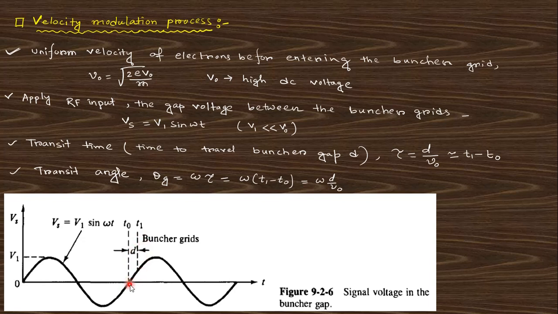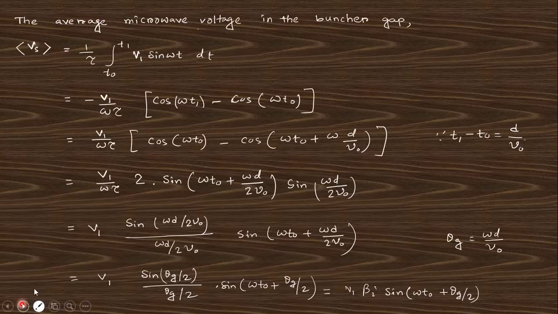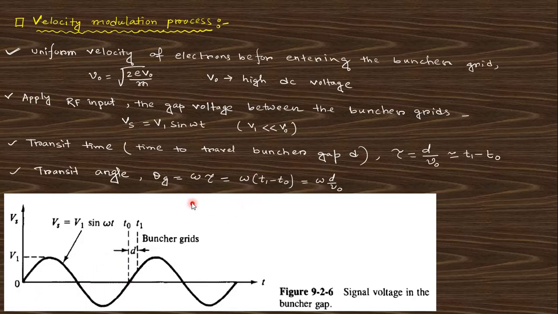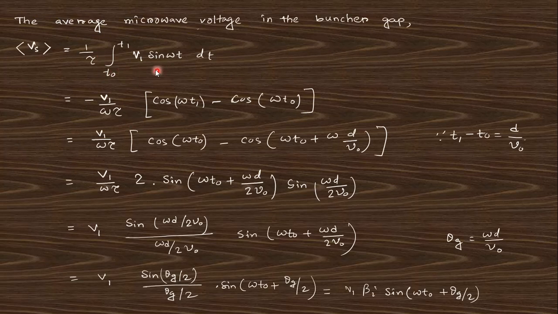When this is injected into the buncher grid, the voltage increases. If we want to find the average of the microwave voltage in the buncher gap, the average voltage within this gap will be like that, 1 by tau times the integral of this voltage.